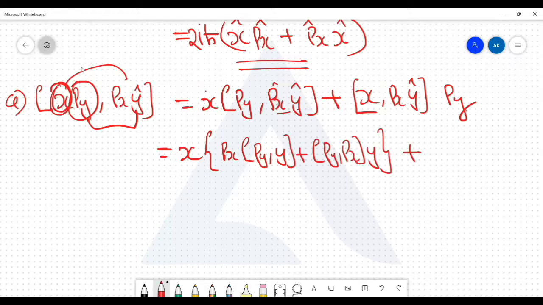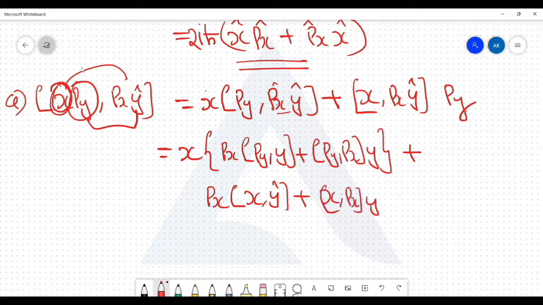Plus when writing the second term, you have x px, so px into commutator of x with y plus commutator of x with px into y, because it is last. First term is px, so it came here. Last term is y, so it came here. This is multiplied with the py.